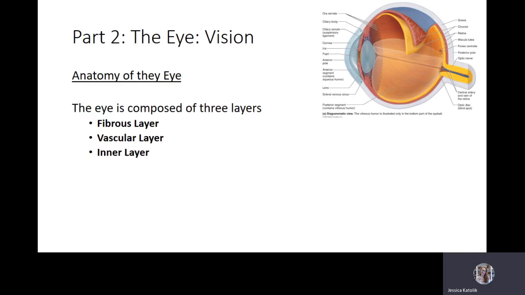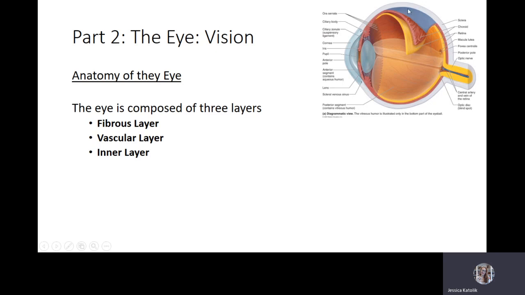So the eye is actually composed of three layers. You may hear me call them tunics because I use the old words for things sometimes. So there's a fibrous tunic, vascular tunic, and neural tunic or inner tunic. Your book uses the more modern names: fibrous layer, vascular layer, and inner layer.